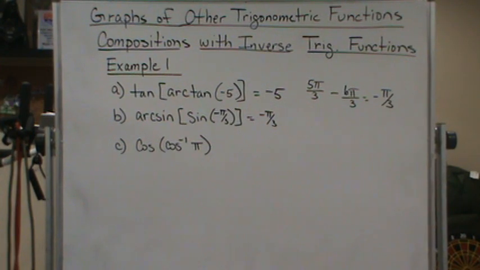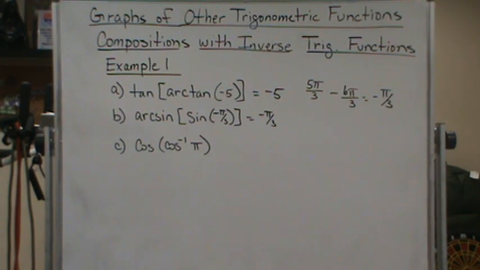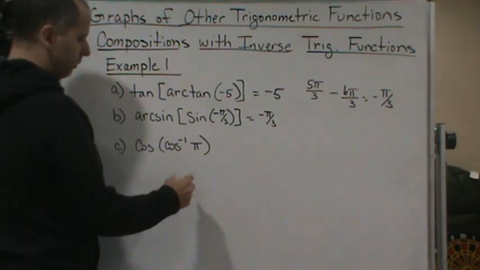The domain of cosine is all real numbers, but we're restricted by the arccosine. The domain of that is -1 to 1. So pi is outside the domain.